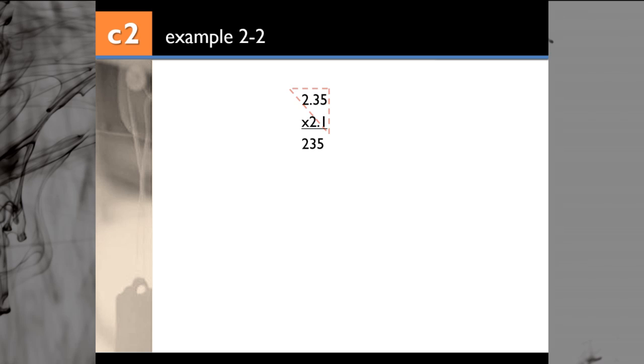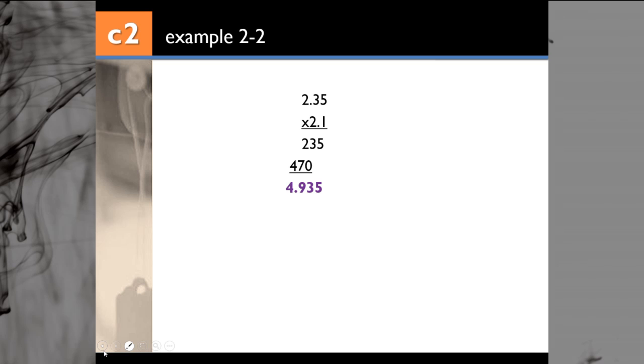And second, you multiply 235 and 2. That's going to be 470, and you start from the second place from the right, and you're going to get 4935. And I'll tell you why you have this decimal point right next to 4.